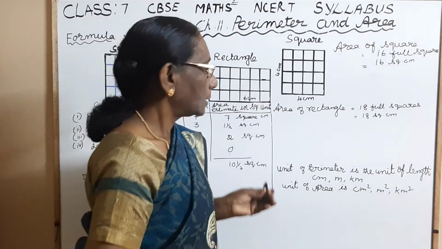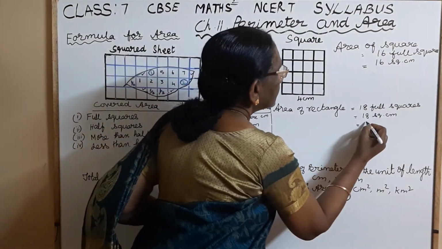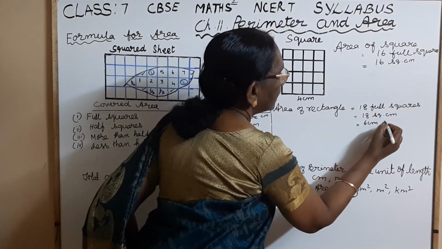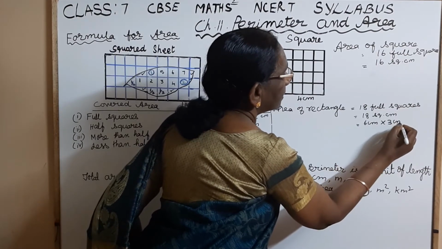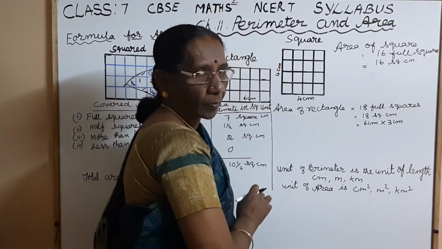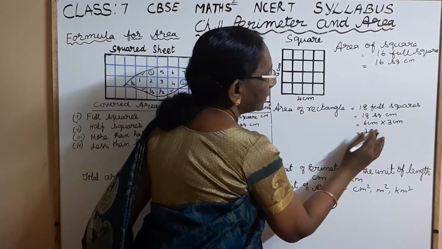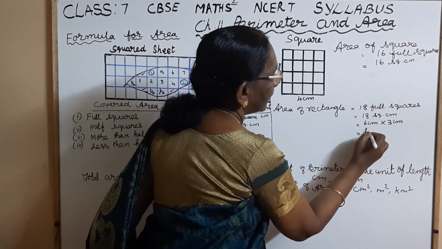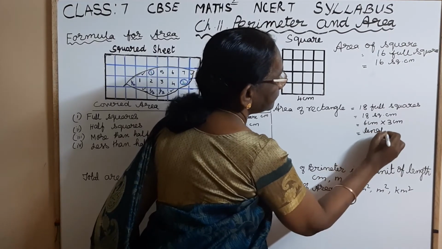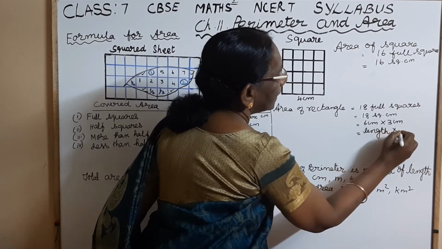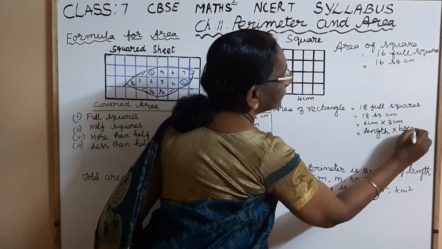Isn't it? 6 centimeter into 3 centimeter. And 6 is the length of the rectangle, and 3 is the breadth of the rectangle.